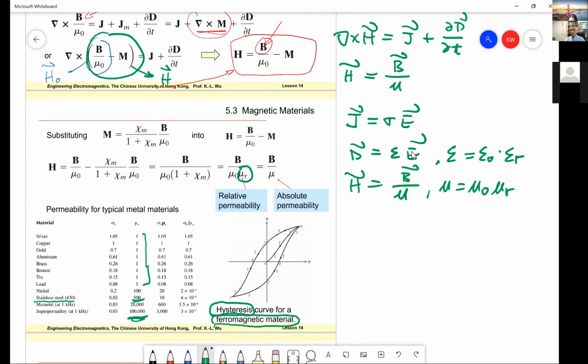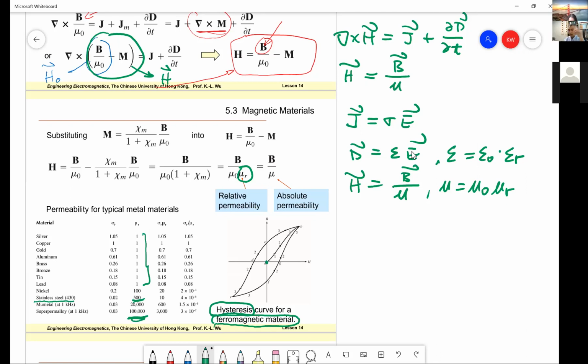Suppose in the initial state of this material, before you apply any external field, H is 0, B is 0.